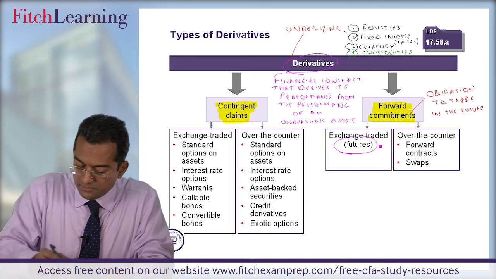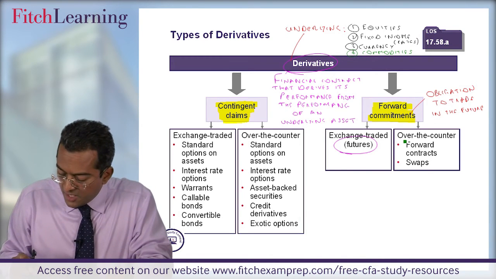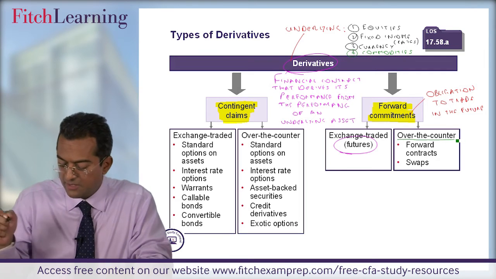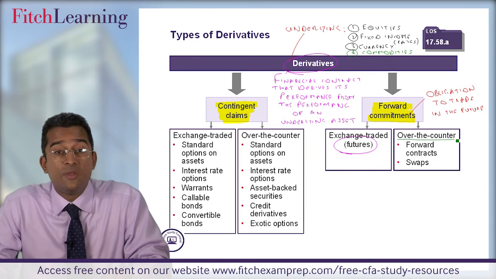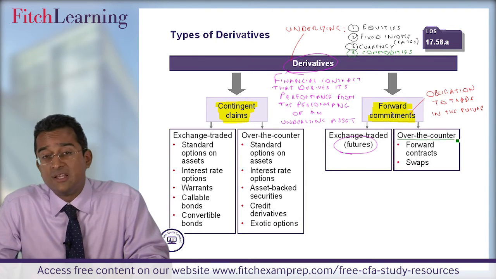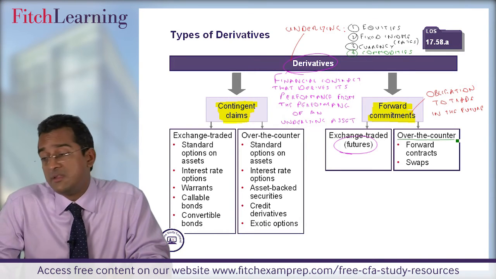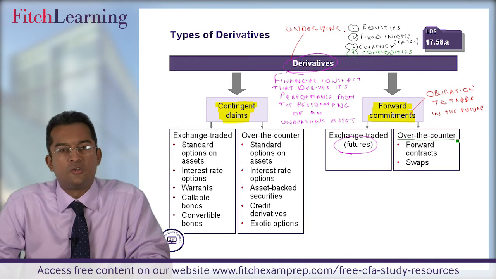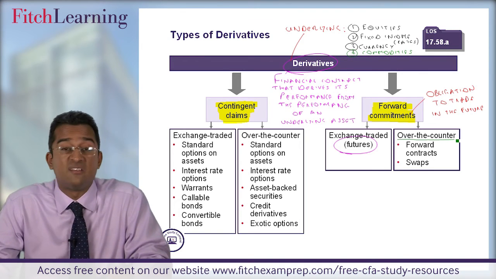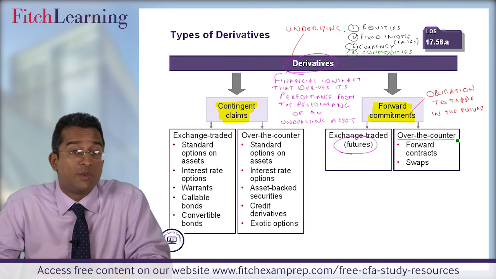There are others, but the others are generally found OTC, over the counter, which means that banks are privately negotiating with their clients, understanding their needs, and then designing a contract which meets those needs. Their need could be, for example, to bet or speculate on a market, try to make profit, or to protect themselves from uncertainty, which we call hedging.